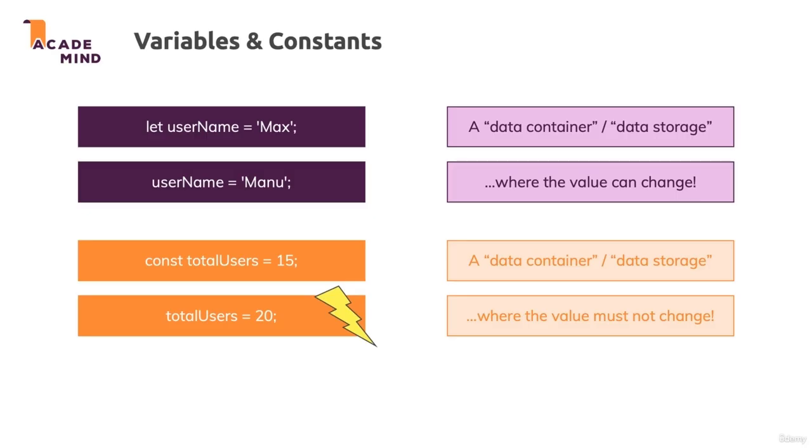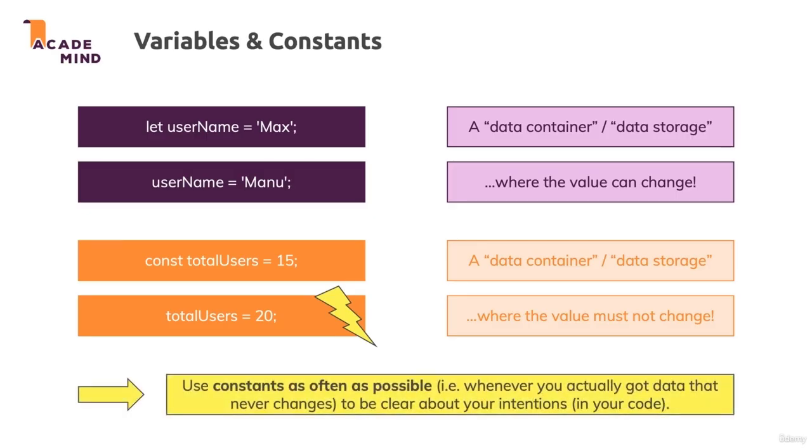The general syntax is keyword, name, and then if you want to store a value right away, equal sign and the value. And also one little hint right away, you typically want to use constants as often as possible, which might sound strange at first because they're restricted in what you can do with them, right? You can't change them, but that's exactly why you want to use them as often as possible. It makes your intention very clear.